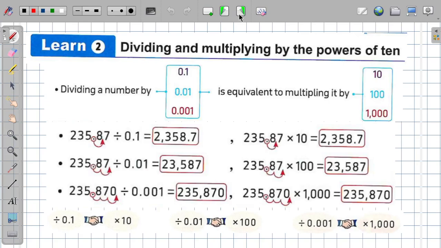And here in the division operation, when we divide a number by 0.1 or 0.01 or 0.001, we move the decimal point to the right again. So I think the division operation by 0.1 or 0.01 or 0.001 is equivalent to multiplying the number by 10 or 100 or 1000.